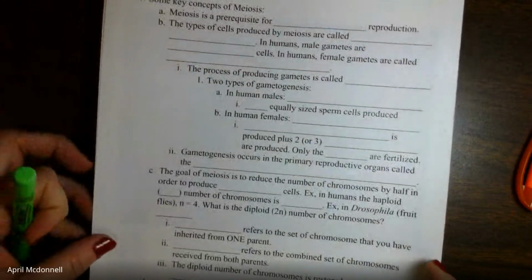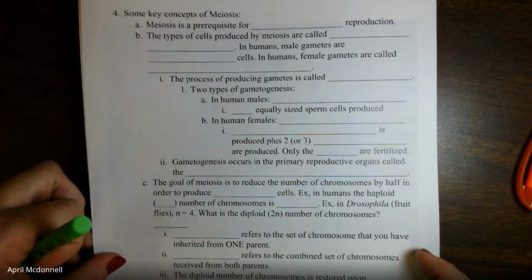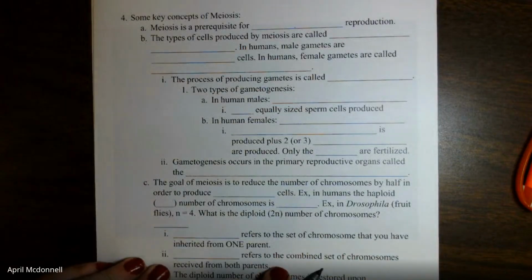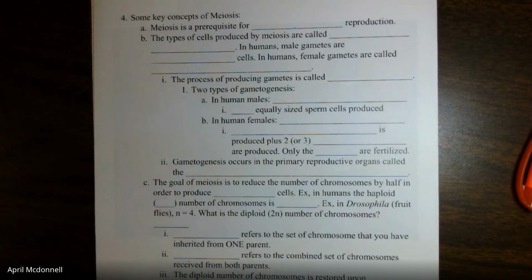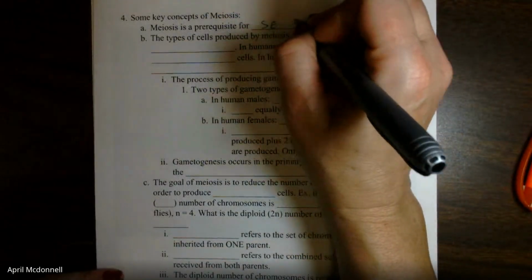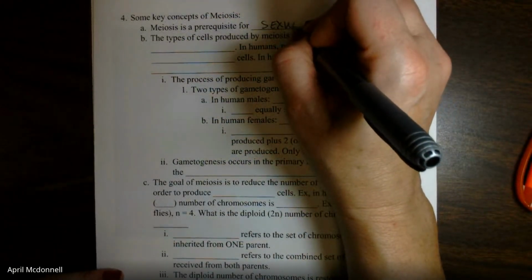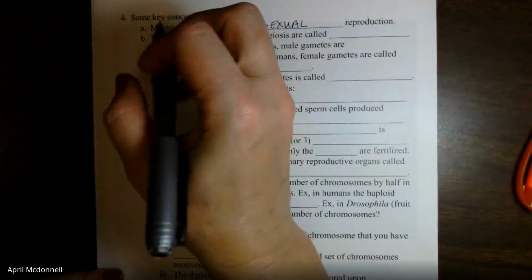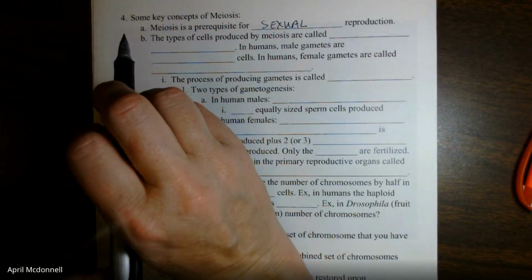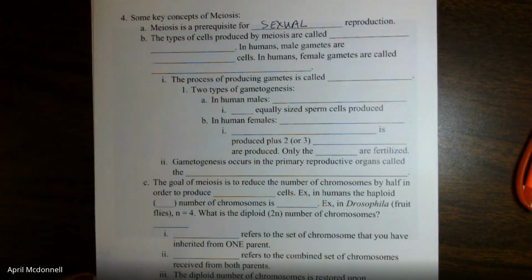So what we're going to do is go over some key events of meiosis. We are now on question 4. A key event is that meiosis is a prerequisite for sexual reproduction, meaning you need meiosis to allow for sexual reproduction.